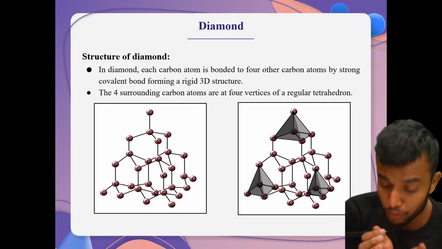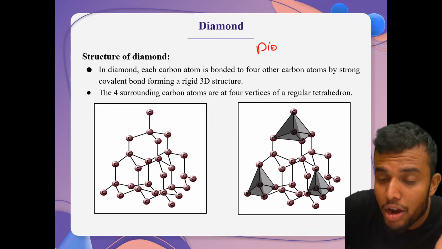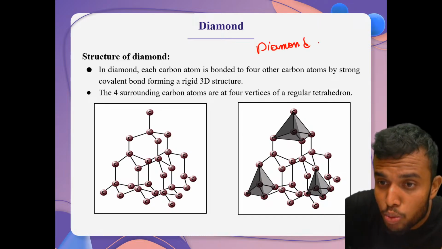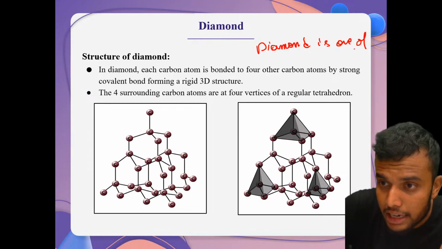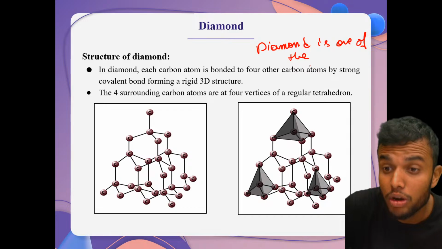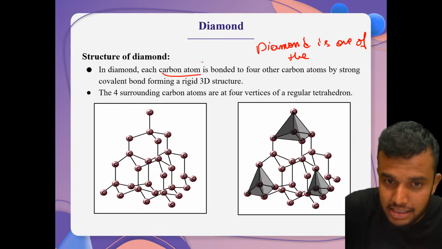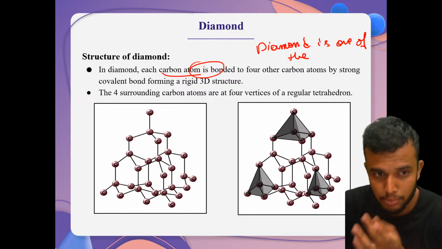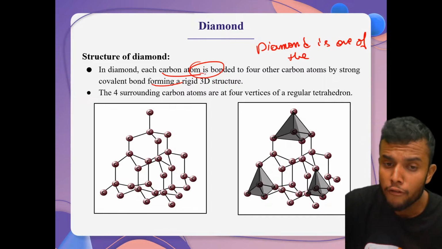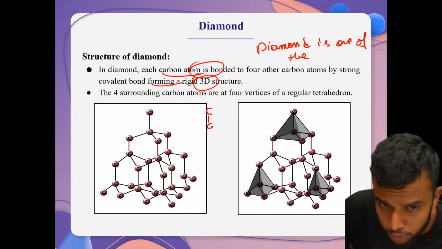Why is it so hard? We already discussed in metals and non-metals that diamond is one of the hardest non-metals. Right, students? In diamond, each carbon atom is bonded to 4 other carbon atoms by strong covalent bonds, forming a rigid 3D structure.